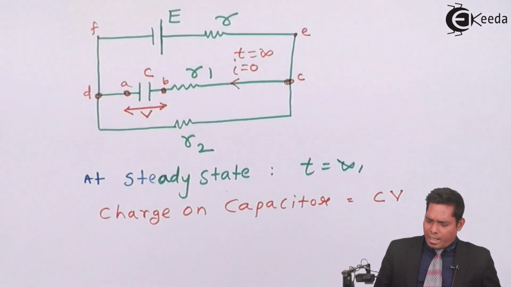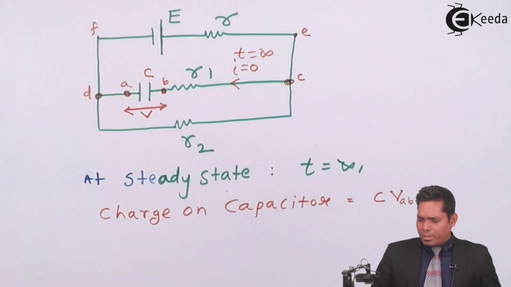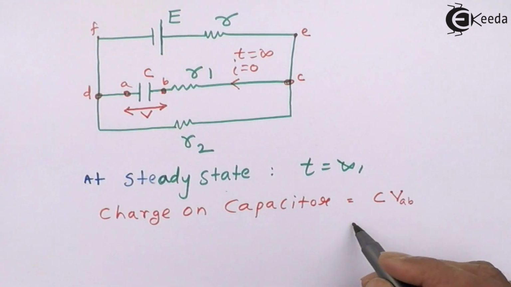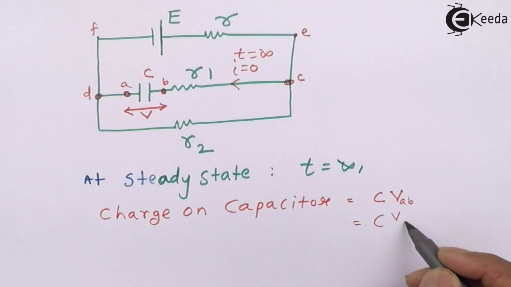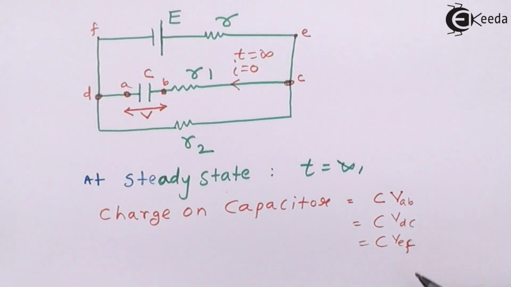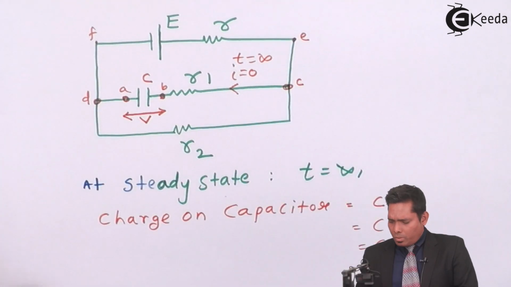Therefore, this potential difference is V_AB, across these two capacitor plates, and that is the same as V_CD, the same as V_EF. So I have to find the potential difference across these two.